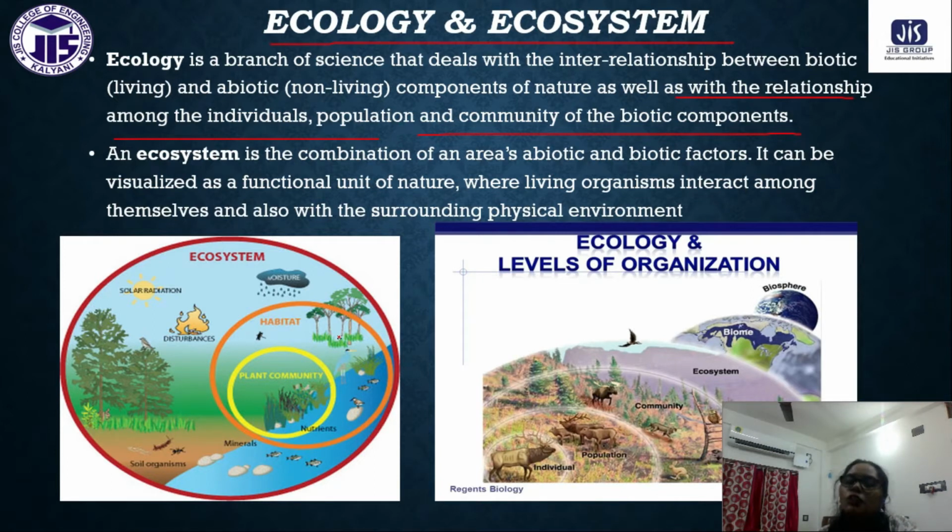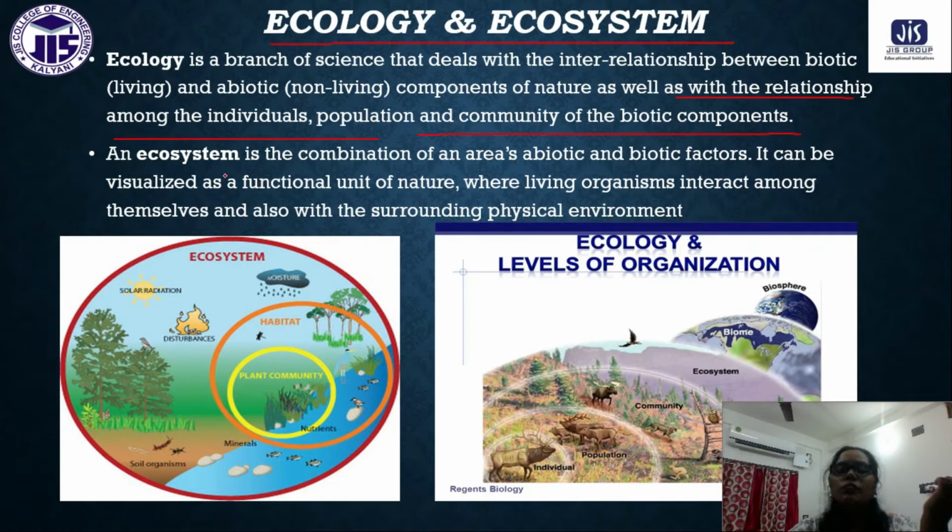So this is called ecology. Ecology is a branch of science where we deal with the interrelationship between the biotic components and abiotic components, and also with the individuals, population, and community of biotic components.